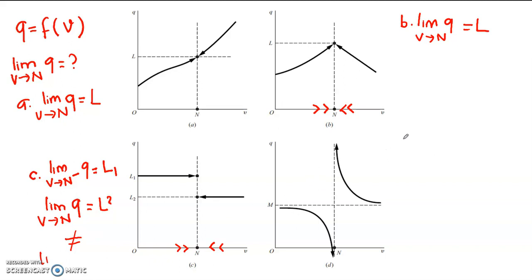Now, what about part D? As v approaches n from the right side, it turns out it is approaching positive infinity. The limit of q as v approaches n from the right side results in positive infinity.